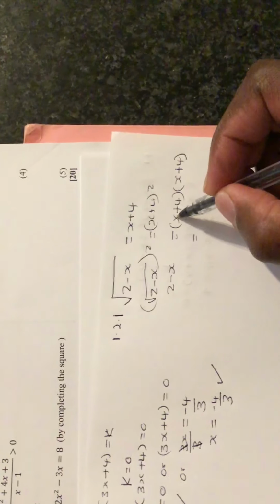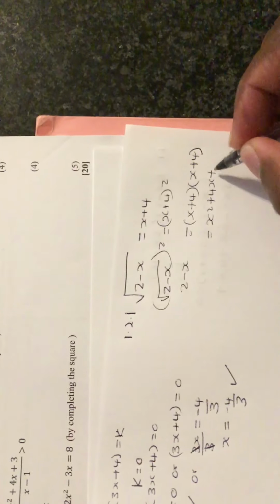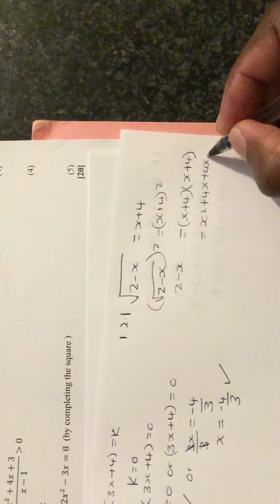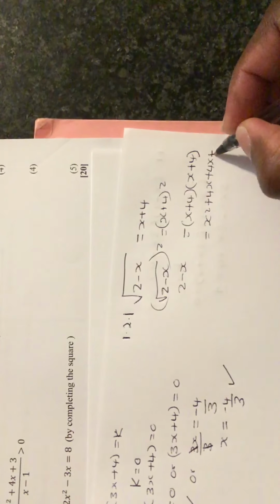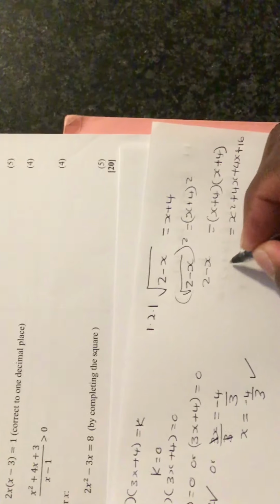So x times x, x squared, 4 times x, positive 4x, x times positive 4, it's positive 4x, and 4 times 4, that will be positive, because it's positive times positive. 4 times 4 is 16. So 2 minus x this side.